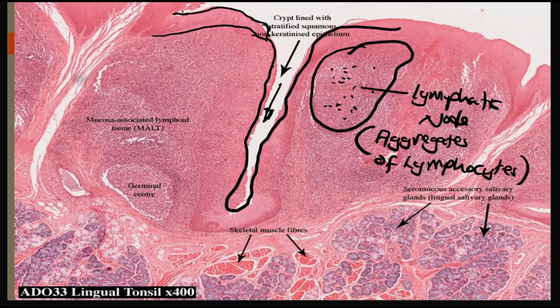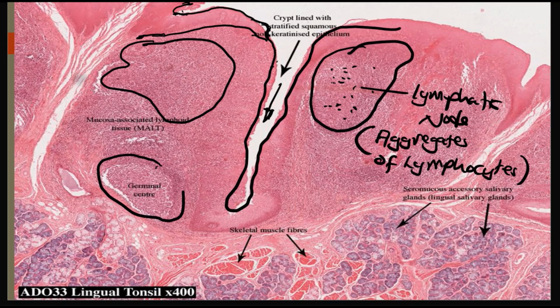So make sure you draw and show the crypt, and then make sure you draw and show the lobules. These are the lobules here. You label the lobules, and say the lobules have aggregates of lymphocytes. And some lobules have a germinal center.